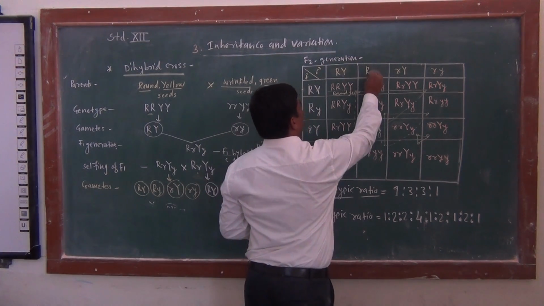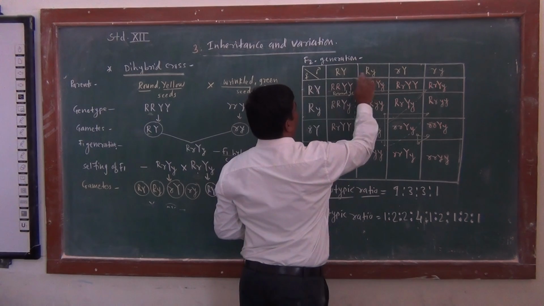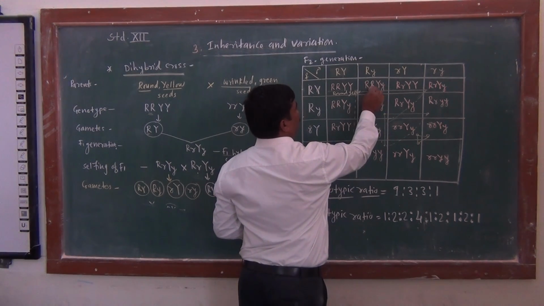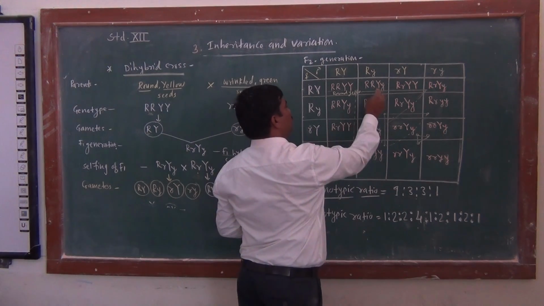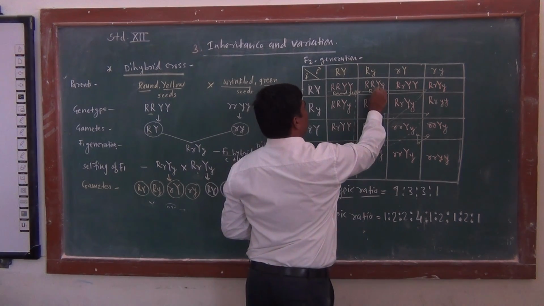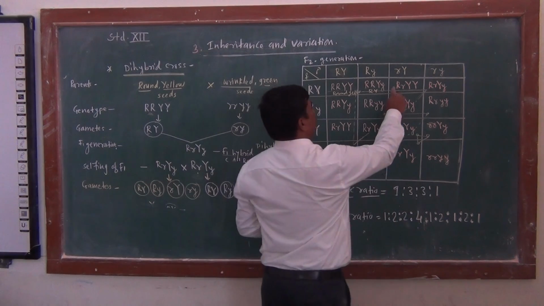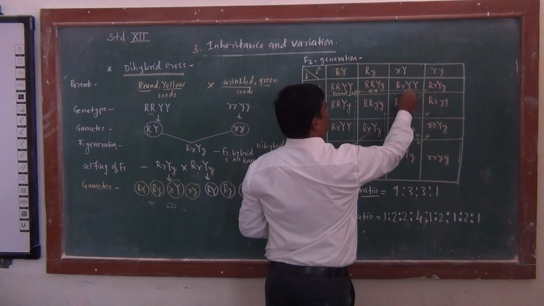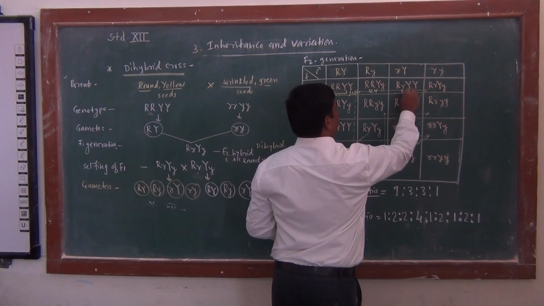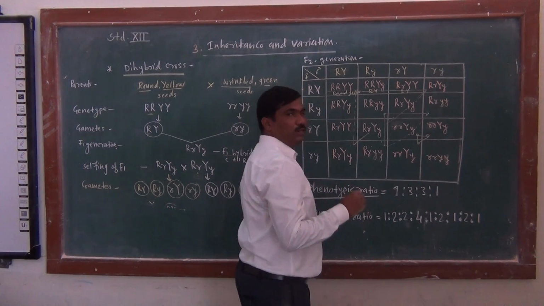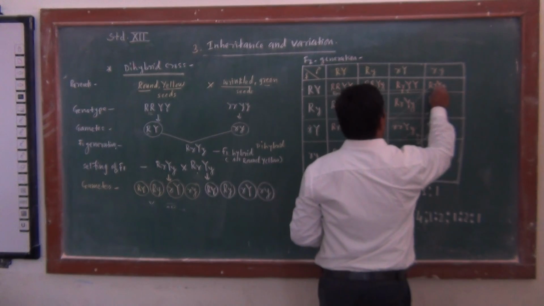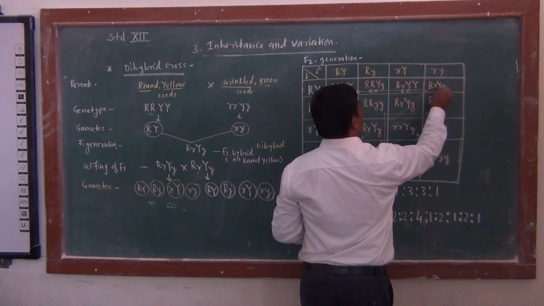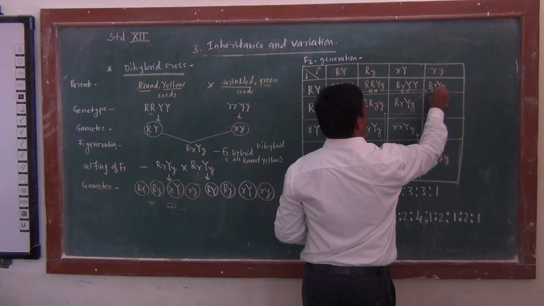Then capital R, capital Y, small y: capital R and capital Y, therefore it is also round yellow. Capital R, small r, capital Y is also a round yellow individual. So rounded seed and yellow color, the dominant traits, occur. Then here also capital R, capital Y, therefore again a round yellow.